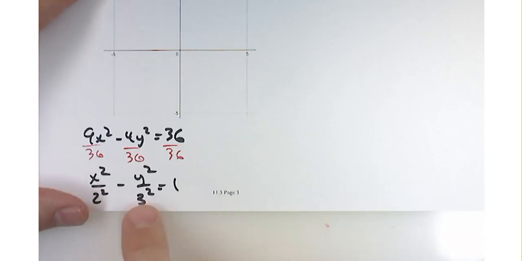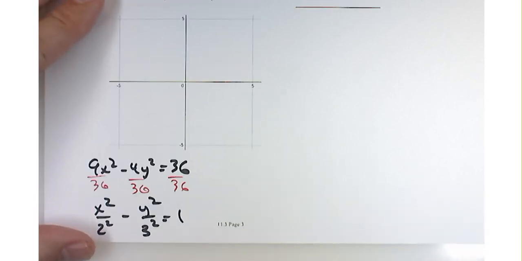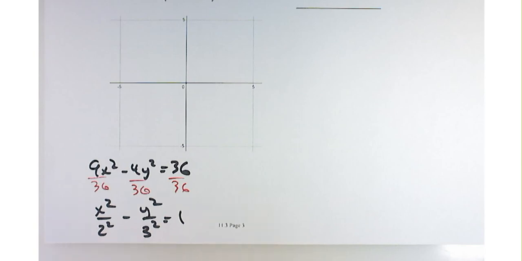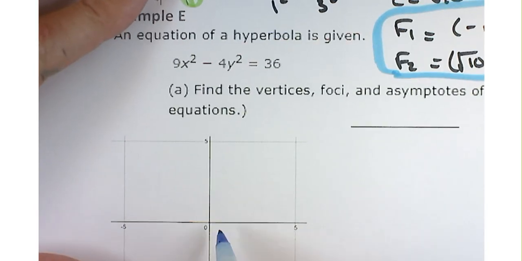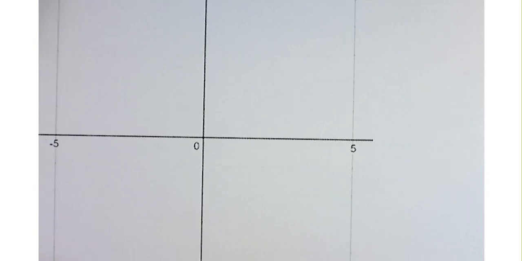The reason we put it in this form is so that we can graph this a little bit easier. It's going to help us find the edges of our rectangle. So in this particular case, I want to move to the left 2 and to the right 2, and then up 3 and down 3. So let's see if we can't do that.